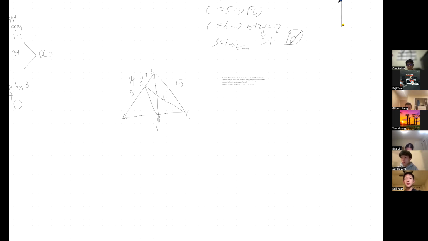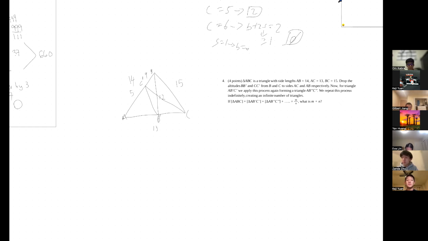You can find that by setting up variables, but since I already know that, we can put it here. First we'll calculate the area of ABC. It's just 14 times 12 divided by 2, because that's the altitude to AB, and that's equal to 84.